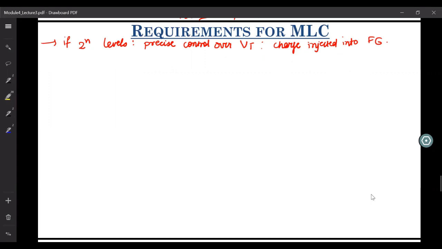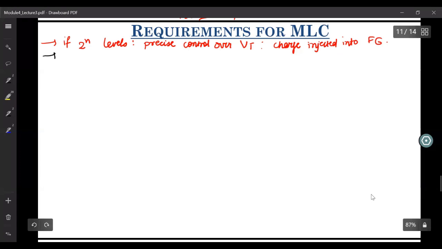And these physical mechanisms such as CHE or FN depend upon the pulse amplitude and the pulse duration for which they are applied. So that simply translates into a precise control over the pulse duration or the pulse amplitude which you are using. Let me just write it as well.